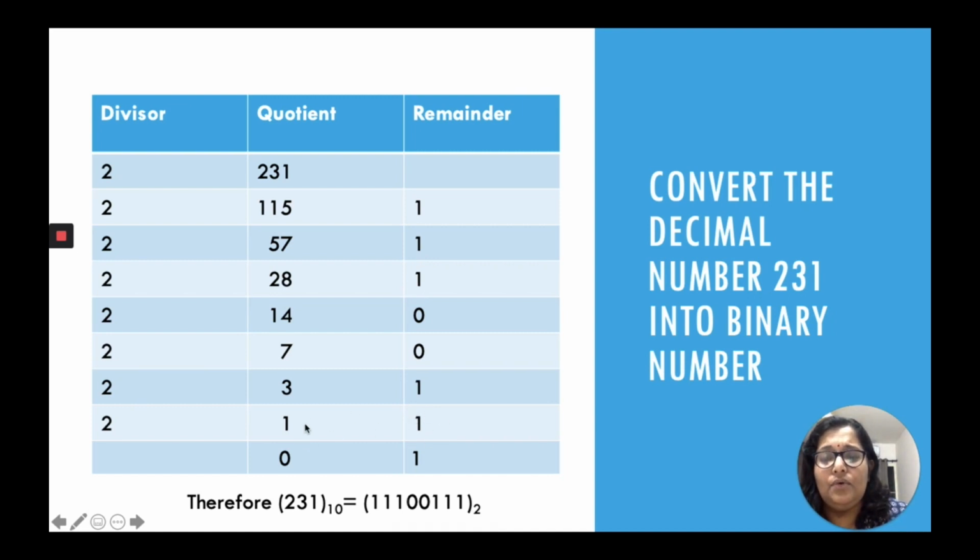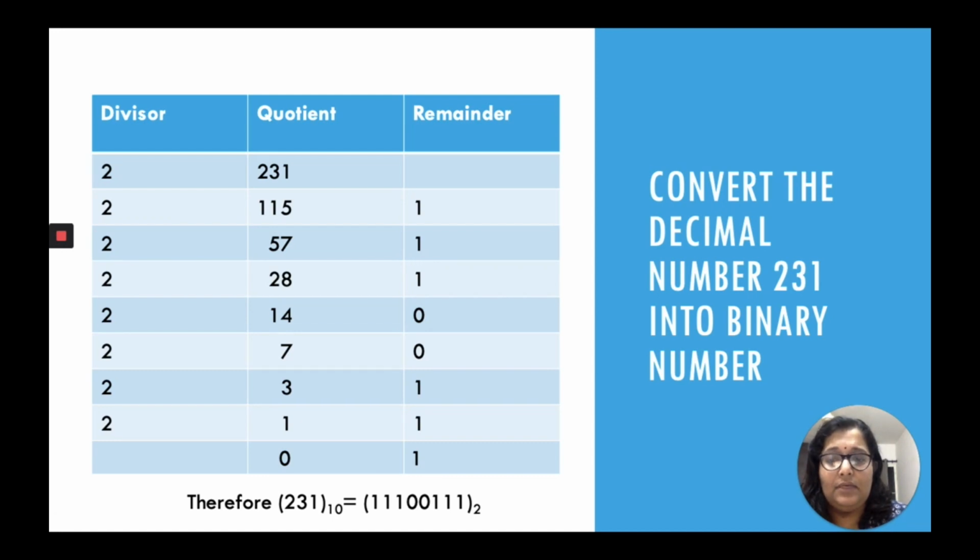At this stage, you're going to do as you have done in the previous slide. You're dividing a smaller number by a bigger number. You're dividing 1 by 2. At that time, your quotient will be 0 and your remainder will be 1.